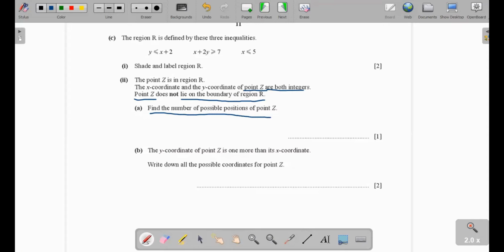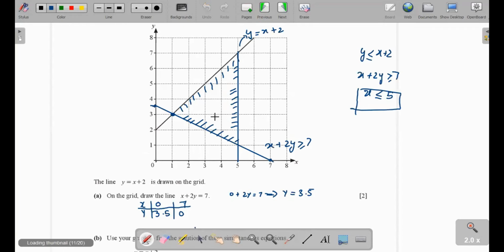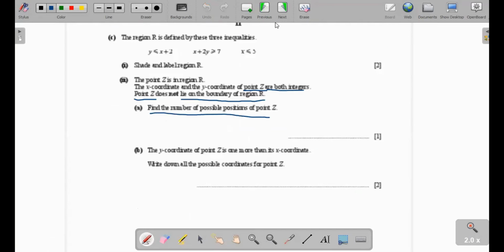The number of possible positions of Z: first, second, third, fourth, fifth, sixth, seventh. The total number of positions of Z is 7.